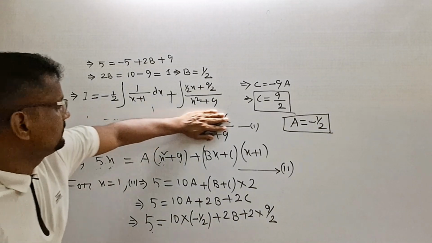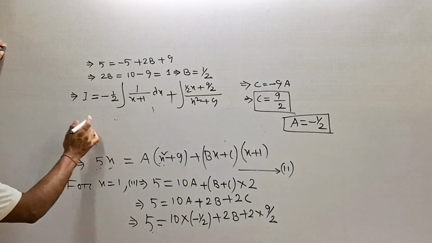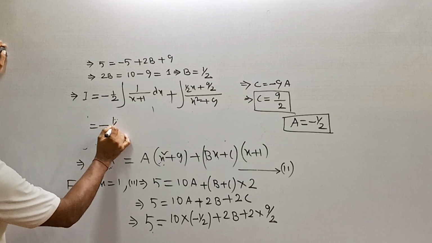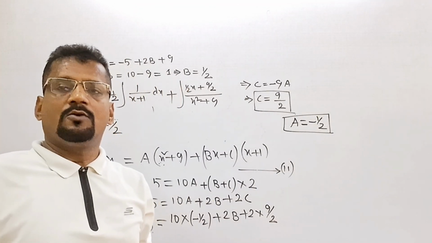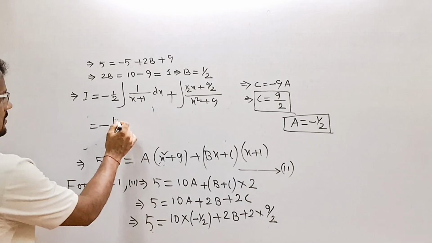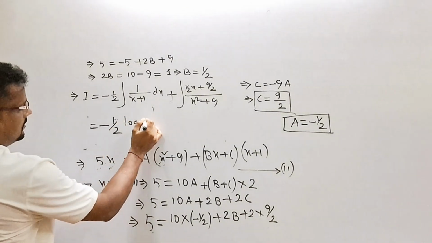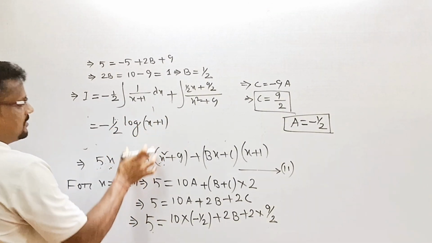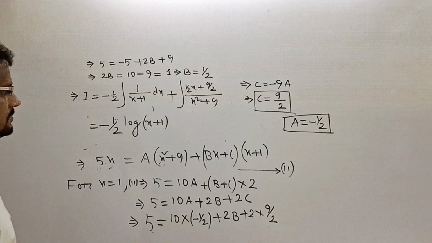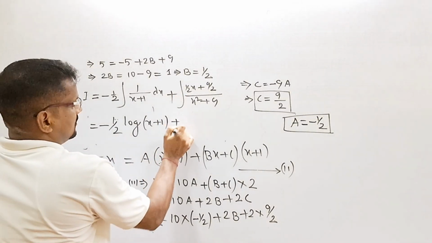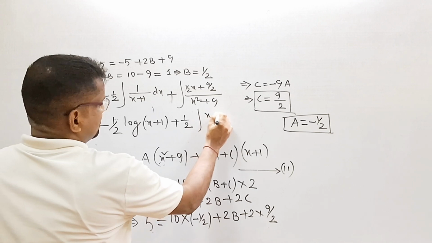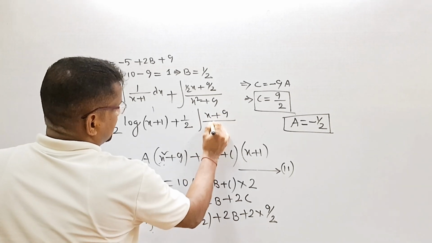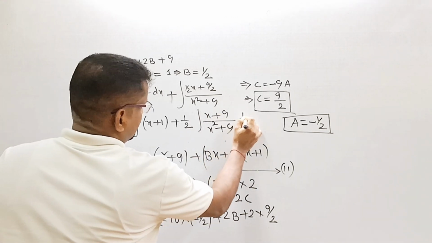Now finally, this is nothing but minus half of the integration of 1 by x plus 1, which is what? Log of x plus 1. So you write here log of x plus 1. You can give the modulus sign also. Here plus half is common, integration of x plus 9 by x squared plus 9 dx.